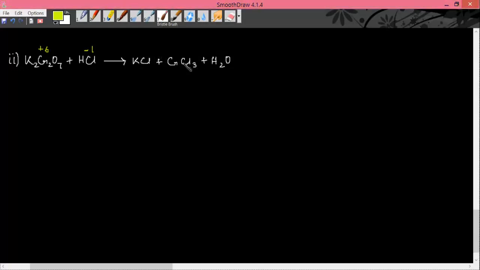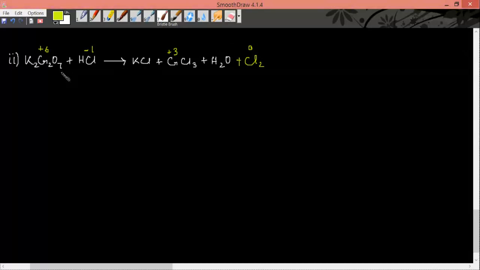And in CrCl3, the oxidation number of chromium is +3, and there should also be a Cl2. I have missed it. In Cl2, there is a change of oxidation number from -1 to 0, because chlorine is a free element.